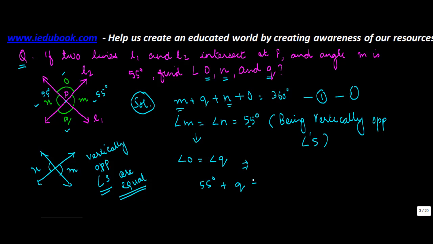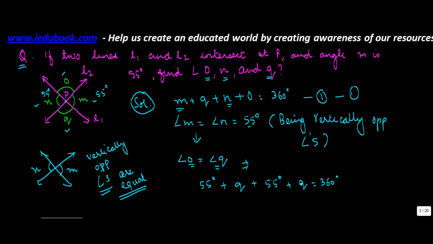I don't know. Plus N, N is again 55 degrees, plus O. But O we know is equal to Q. So can we replace this O by Q? Q is equal to 360 degrees.